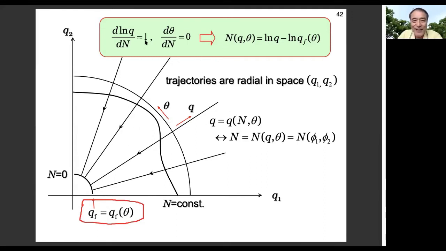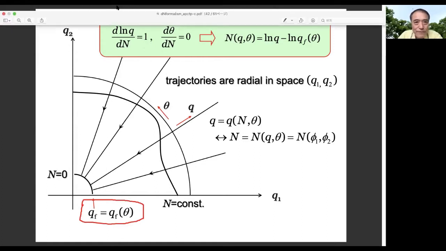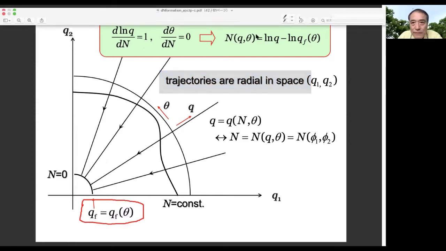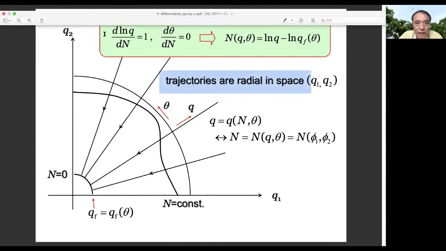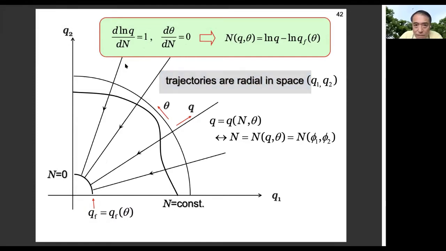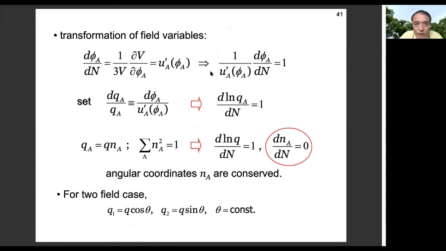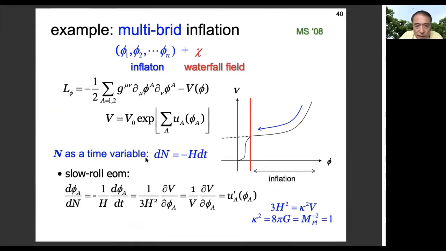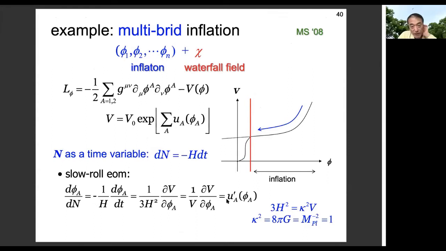But in terms of phi 1 and phi 2, if you go back to the original equation of motion and solve, then depending on this function, maybe you have some fairly complicated behavior, and you may get fooled by those complicated expressions.